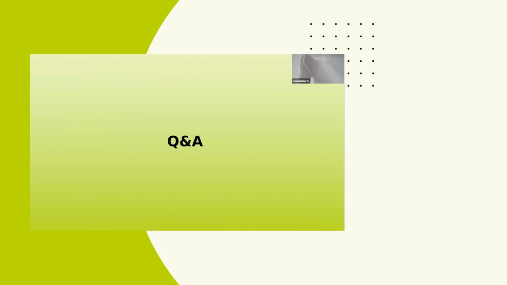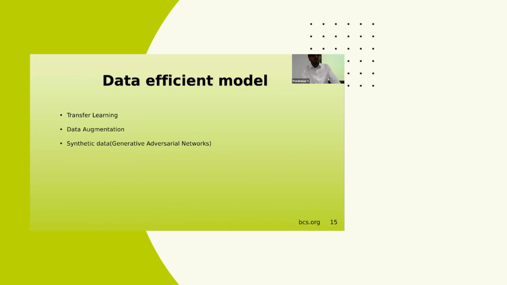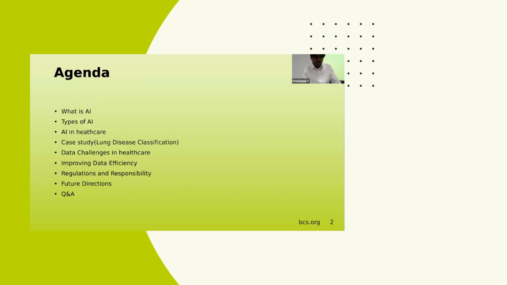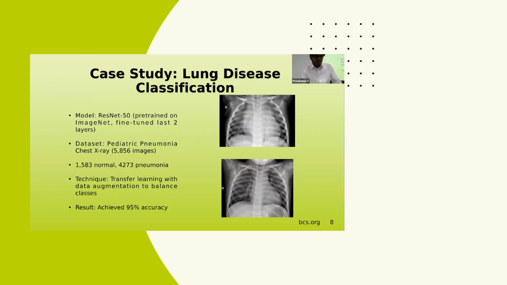I would say the ResNet model. There are so many models, but the model I used was ResNet 50. It has 50 hidden layers divided into 4 convolutional blocks.